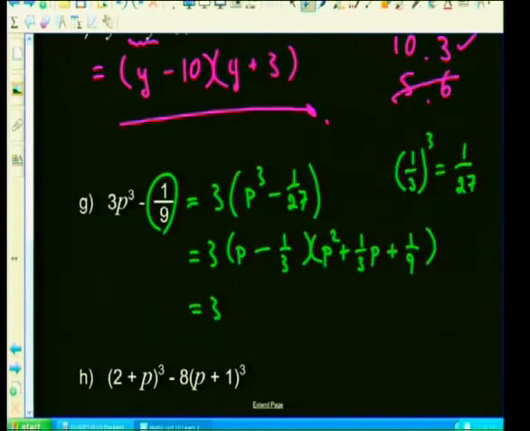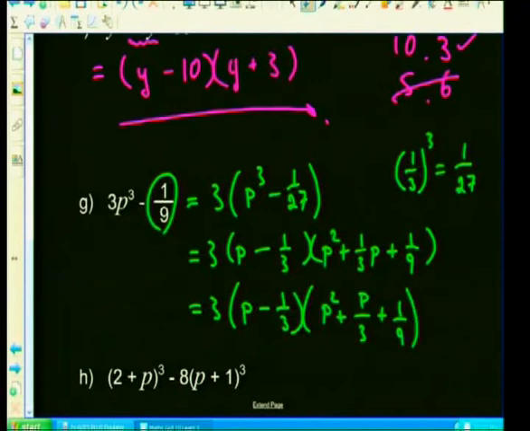What you might like to do, and this is at your discretion, you might like to write this middle term as p over 3 instead of a third p. Either of those two will get you full marks. It just depends what you as a grade 10 feel like. And remember, you have the choice.